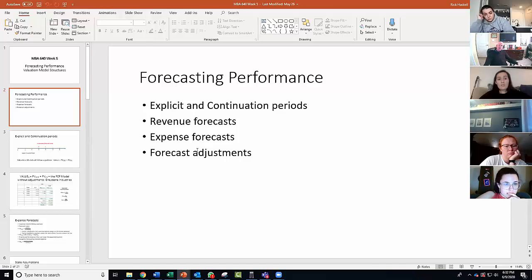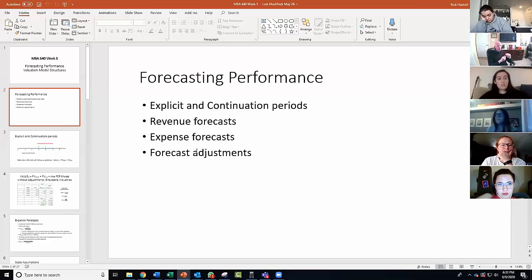And then I want to extend a little bit into these forecast adjustments. Now, this is where I left off last week, okay? And I don't intend at the moment to go very deeply into this. I'm taking out of your various homework assignments and problem sets the need to do a forecast adjustment, but I want to show you some dynamics and how we might use some adjustments and their value to us.